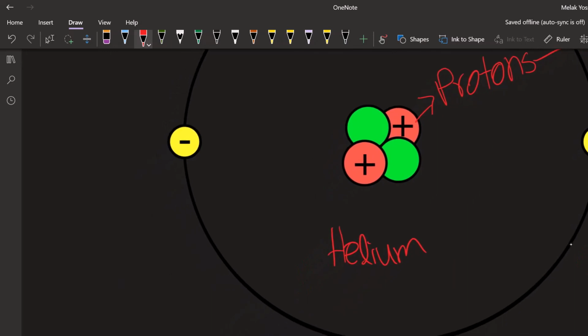Now, if there is a variance in the number of neutrons, that results in a difference in mass between atoms of the same element. So there could be atoms of the same element but with different mass because they have different amounts of neutrons. What do we call those?